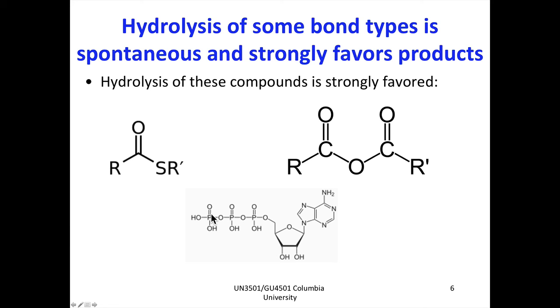Because we're getting 2 molecules instead of 1, and those are resonance stabilized, we end up with a strongly favorable reaction. The hydrolysis of ATP to ADP, or even 2 of these getting hydrolyzed to AMP, adenosine monophosphate, is often used to power other reactions, to provide the input energy for other reactions in biochemistry.